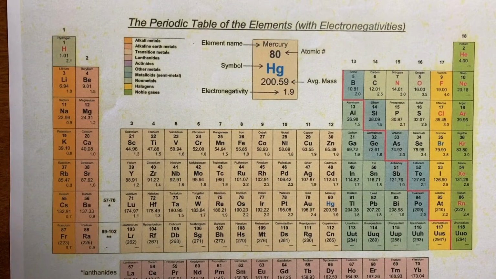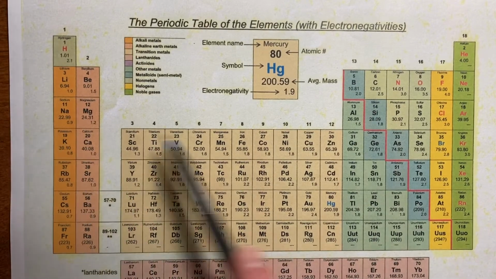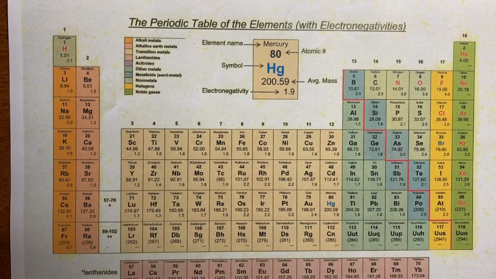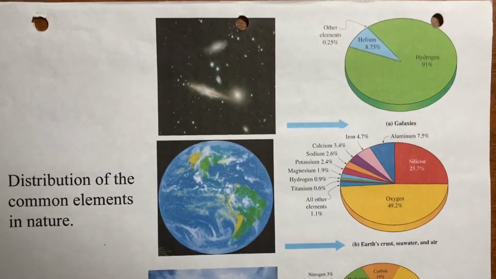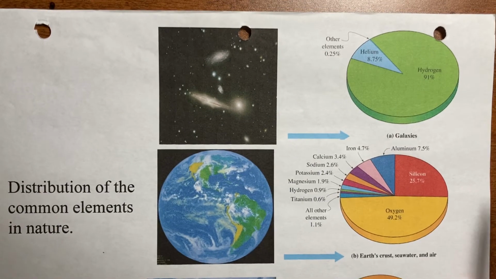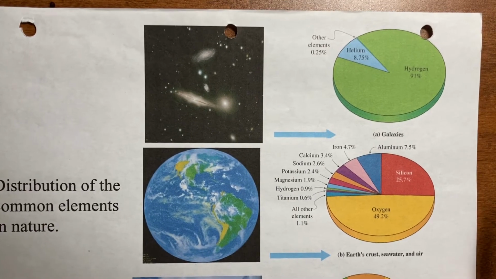Here's a little bit more colorful version of the periodic table. As I was telling you, most of the common elements are up in the upper part of the periodic table, especially the first 3 rows. I just want to show you a few diagrams discussing the elements. For instance, this one shows us the approximate distribution of the elements in nature.